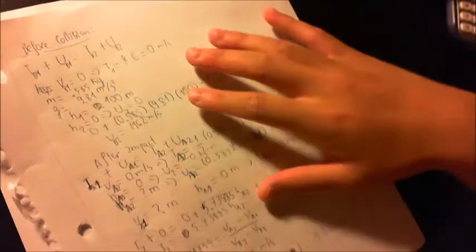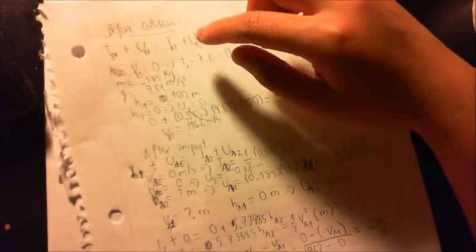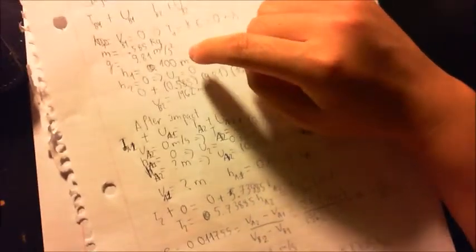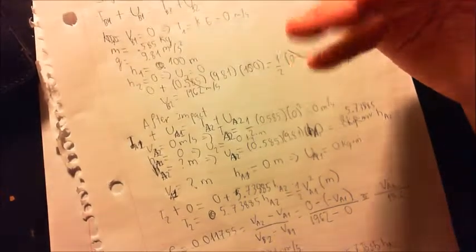I write down before collision and after collision, and I use the same equation. I just solve them. However, I just need to change the value right here. Instead of 150 meters that I had, now I put 100 meters there, and I got the velocity there.